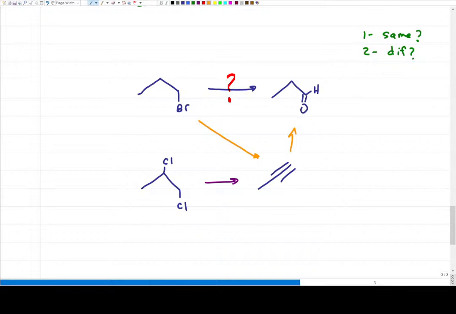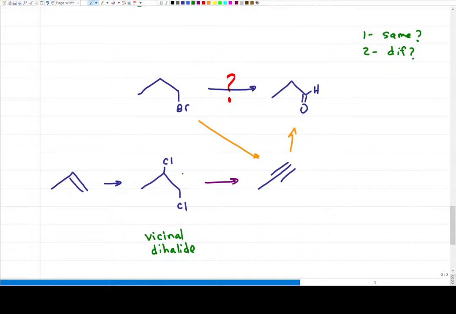And I know that an alkyne can give me a geminal dihalide, 2 halogens on the same carbon, but an alkene can give me 2 halogens on neighboring carbons. So this right here is a vicinal dihalide. Vicinal, in the same vicinity, they are next to each other.